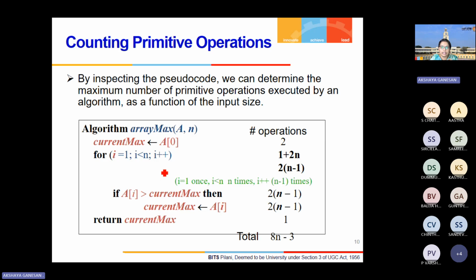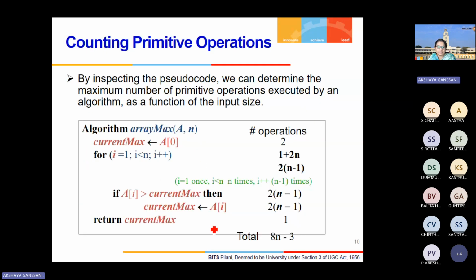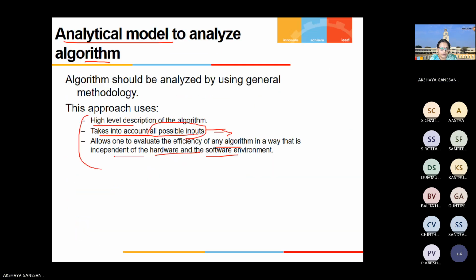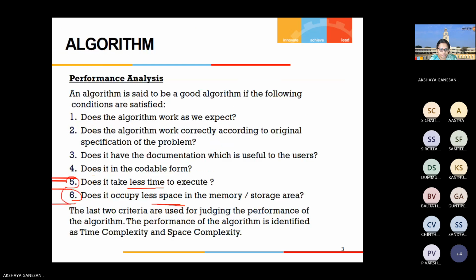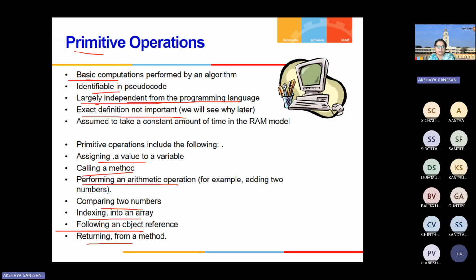So this is what we saw in the last class. Now I'm going to repeat this, but with a small difference, because we had made a few mistakes. When you say pseudocode, we can first determine what pseudocode is. It should be independent of the hardware and software environment.